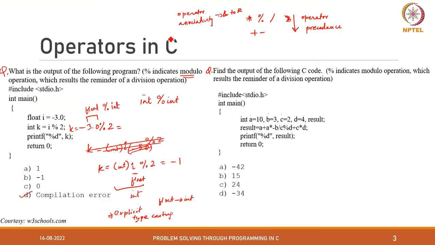So basically I'll just write it down first in terms of the values. So it is 10 plus 10 into some -3 by 2 percentage 4 plus 2 into 4, right? So this is what it is. What we will do now is see first the operator precedence.